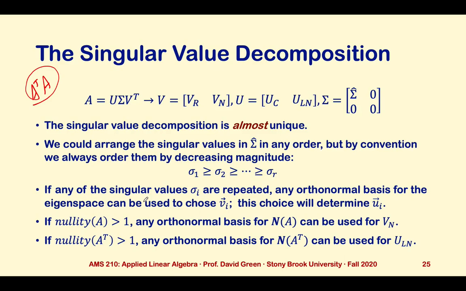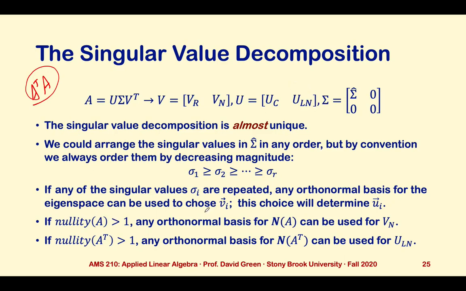Another piece of non-uniqueness is kind of related. If we have repeated singular values equal to 0, in other words, if the nullity of A is greater than 1, the null space of A has a dimension of more than 1, or if the null space of A transpose has a dimension of more than 1, then we have some ambiguity in how we choose either the null space or left null space basis.